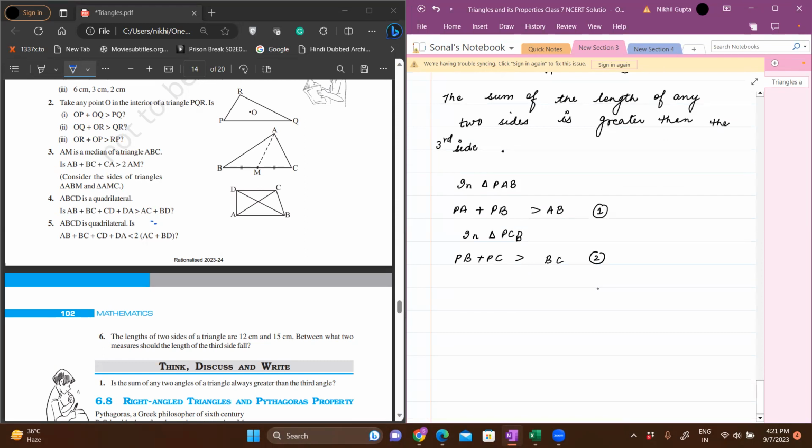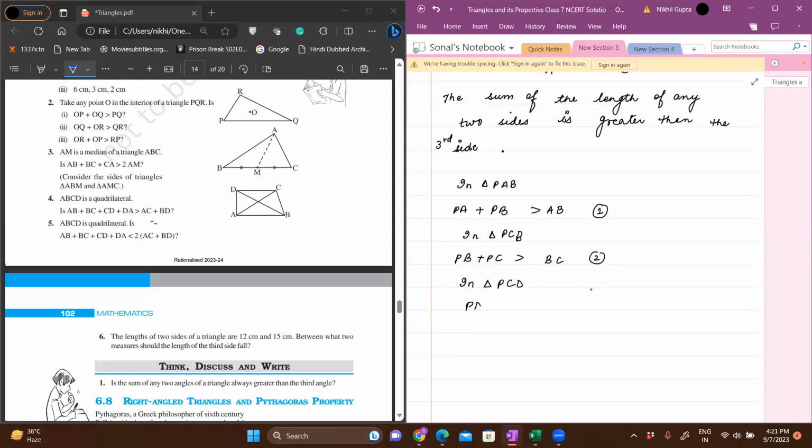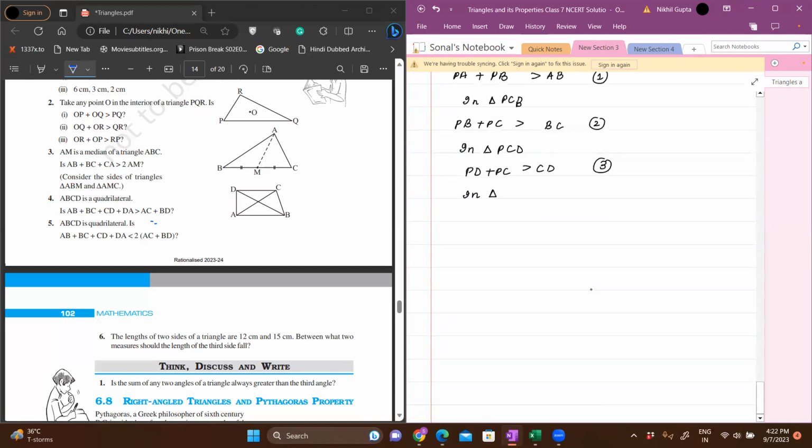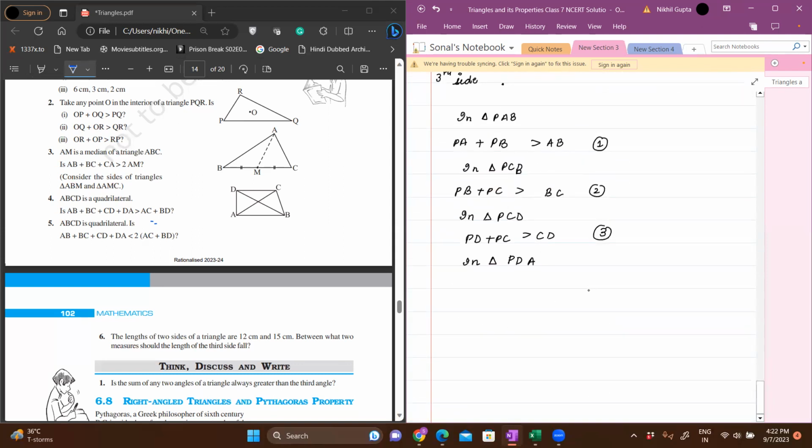Keep it as 2. Now in triangle PCD, PD plus PC is greater than CD. Keep it as 3. In triangle PDA, PD plus PA is greater than AD. Keep it as 4.